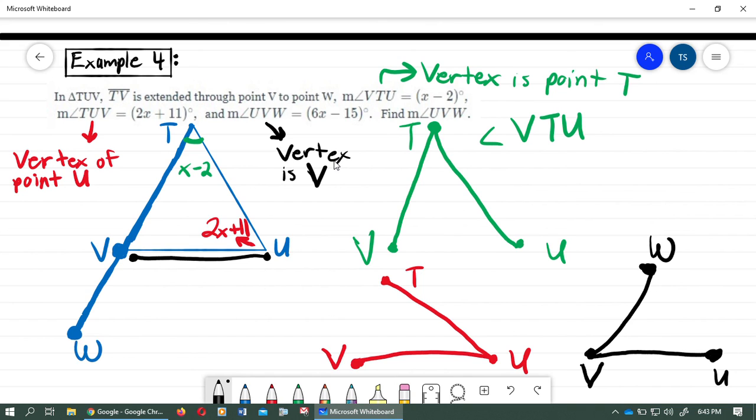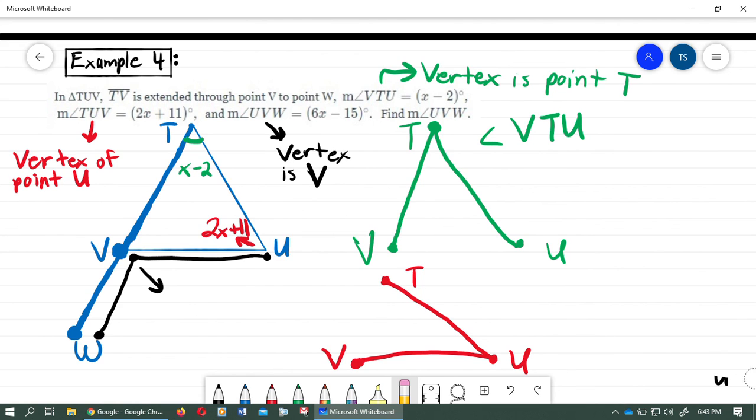But again, angle UVW, if you connect the dots from U to V to W, they're talking about that exterior angle there. So don't mind the fact that I drew it wrong over here. They're talking about that exterior angle UVW. And that one is 6x minus 15.